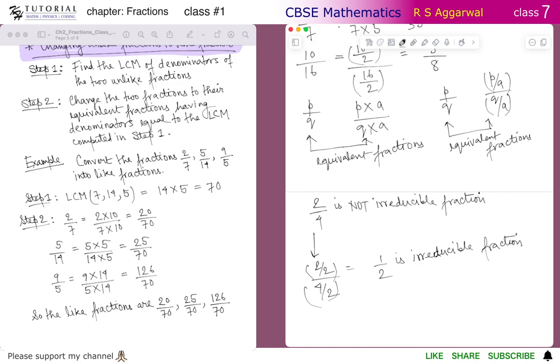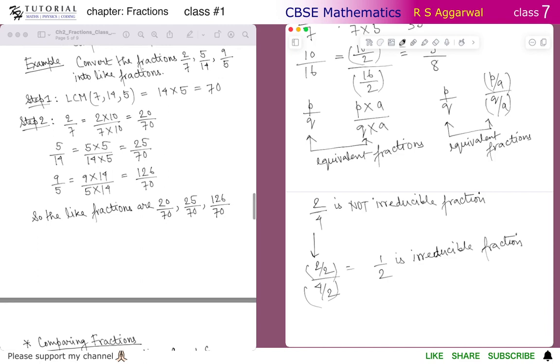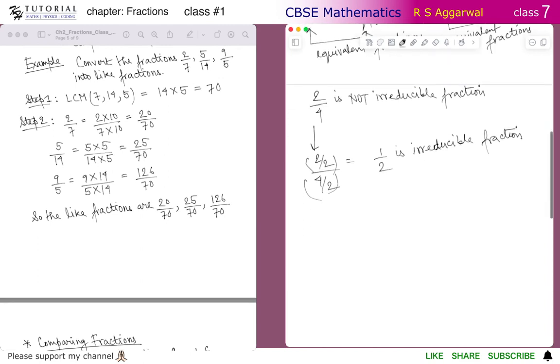Now I hope you know how to find the LCM of given numbers. So how do we do it? Let's say over here we are trying to find the LCM of 7, 14 and 5. We write it as 7, 14, 5, and then we try to divide these three numbers with a prime divisor.